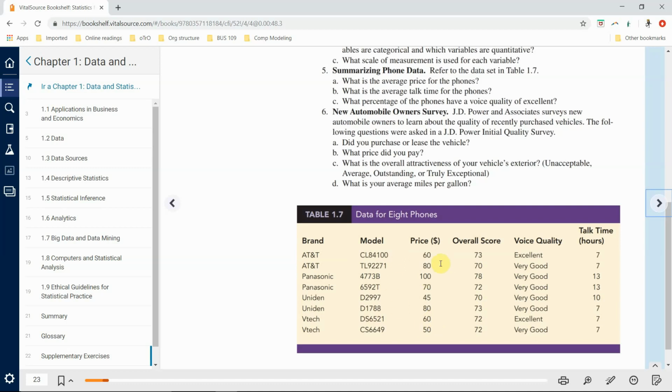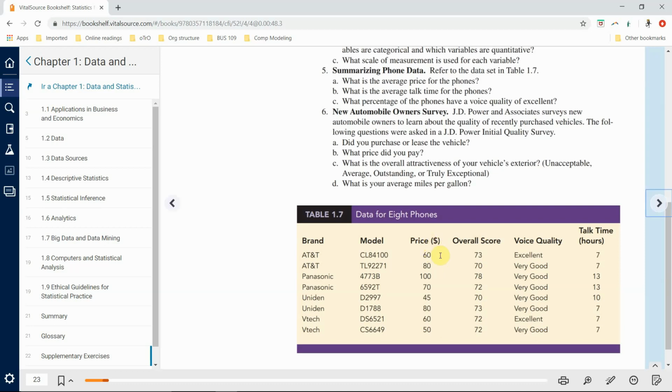In terms of scales of measurement, anytime you see money, time, length, distance, those typically indicate ratio scales of measurement. Remember, ratio scales give you the most information, and a way to decide if something is ratio is that it has a 0, and 0 means something.